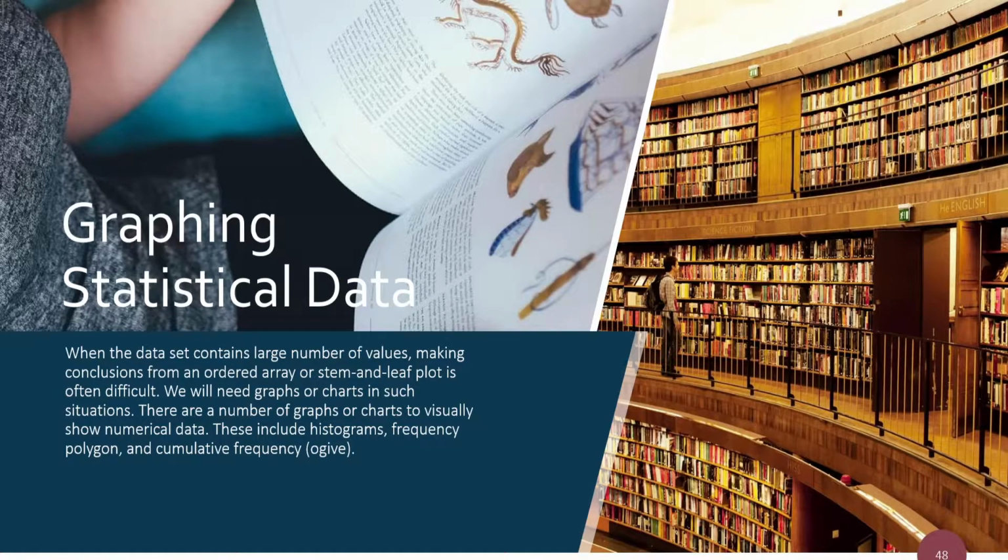This includes histograms, frequency polygon, and cumulative frequency or yung tinatawag natin na ogive. So, pinaka-simple meaning na itong graphing statistical data is to define o describe yung large amount ng ating dataset. Okay? So, para mas madali nating maintindihan kung ano ba yung sinasabi ng ating data.